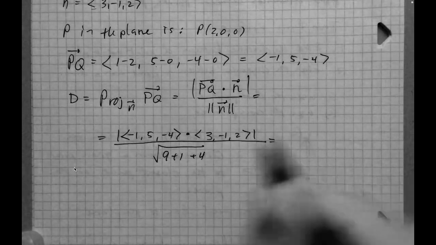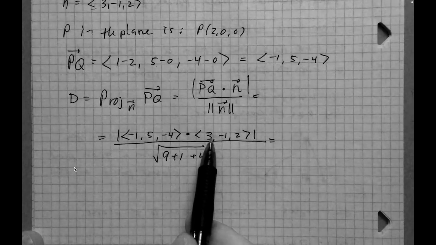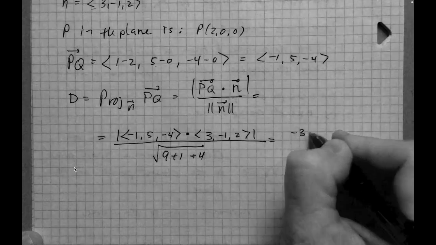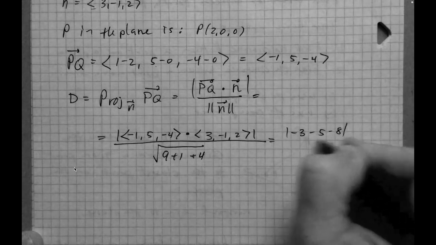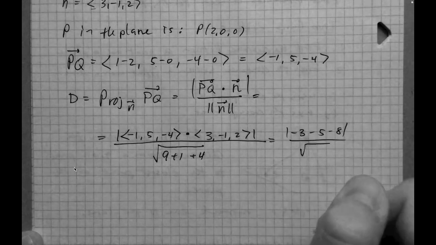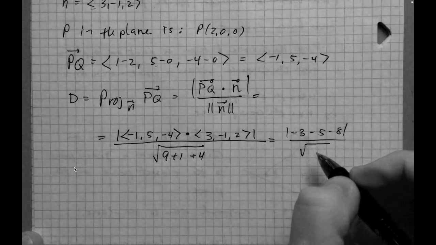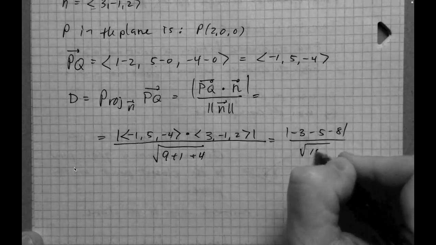And so this would be negative 3 minus 5 minus 8, absolute value, and then the square root of 14. Sorry, square root of 15.